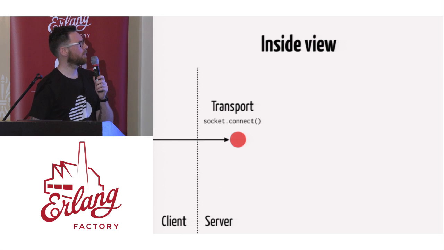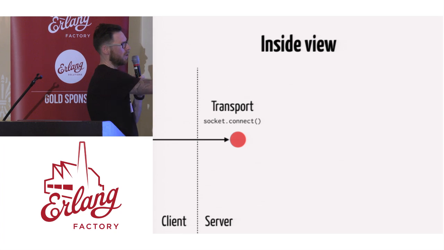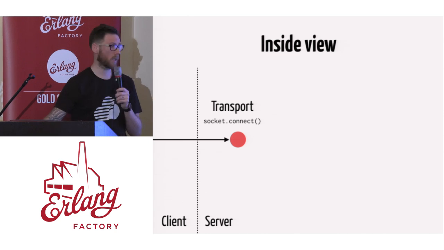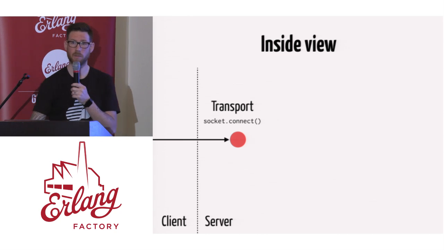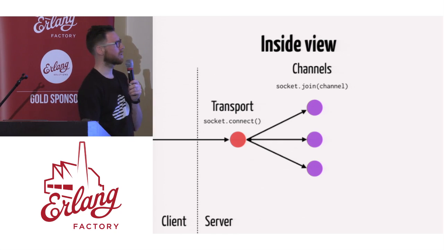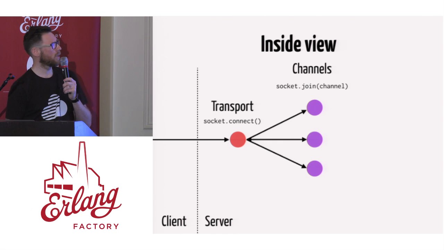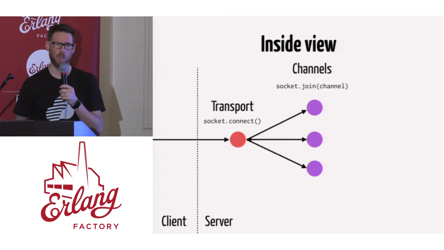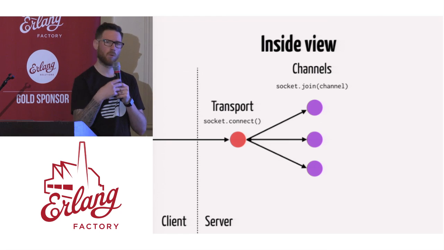But from the inside view, when you connect to the server with socket.connect, you get a process. And when you join different channels, you end up getting a single process for each channel, and each channel holds state.